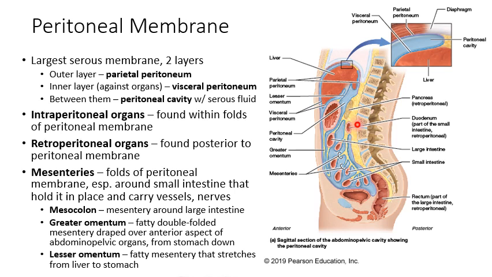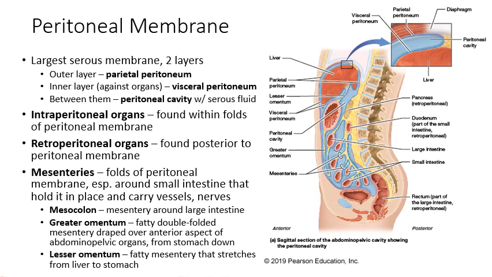Here's part of the small intestine that is retroperitoneal. Here's part of the large intestine that's retroperitoneal. The pancreas is here, that's also retroperitoneal. The kidneys aren't shown in this diagram, but they're also retroperitoneal. And the rest is mostly intraperitoneal. The bladder sits below or inferior to the peritoneal membrane.